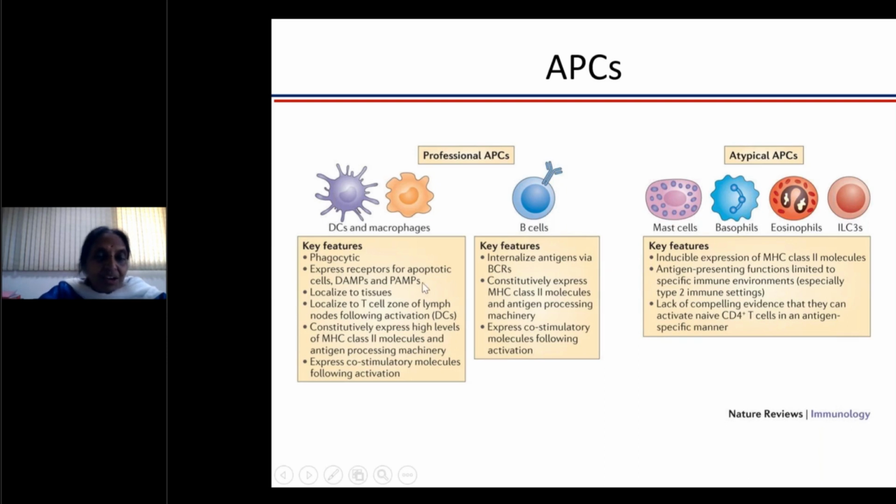Then we need to have some other receptors to activate these cells. So third is that all antigens are presented to T cells in conjunction with MHC class II. So a professional antigen presenting cell must have MHC class II expression on its surface.